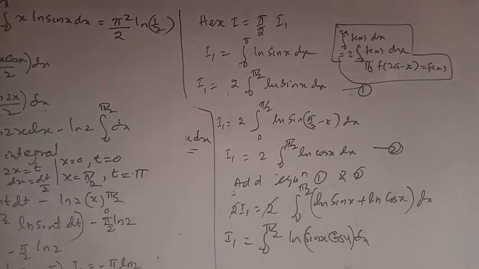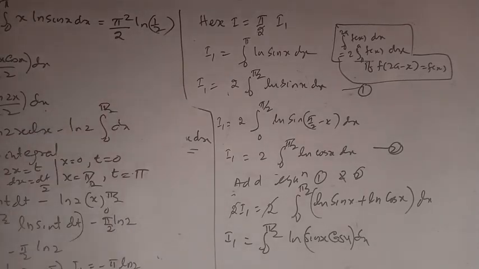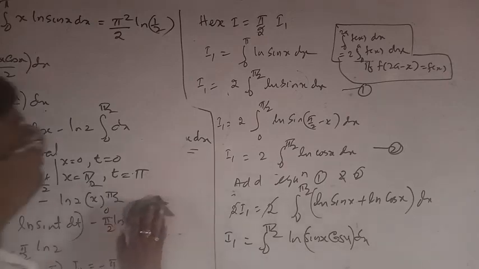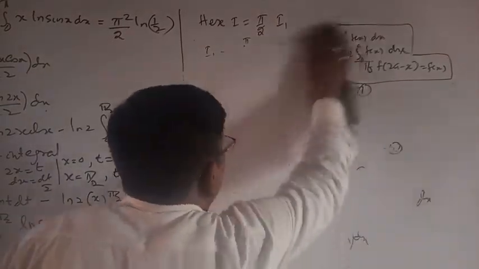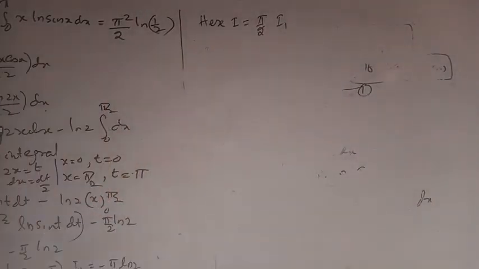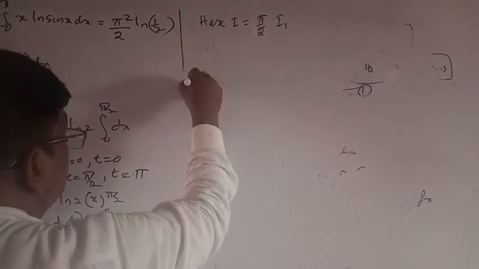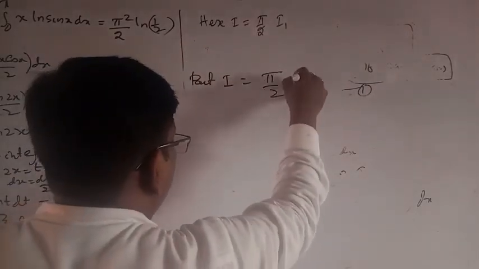Now here I is equal to pi by 2 times I1.